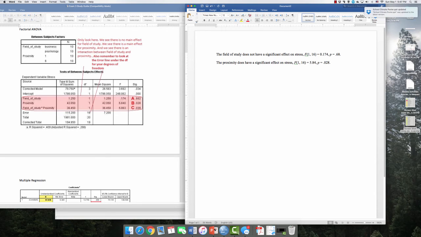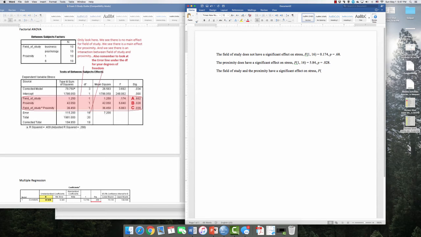And then for the interaction, we have the field of study and the proximity have a significant effect on stress. What this says about it is it's referring to the interaction, but to avoid confusion, I'll write it in both ways.